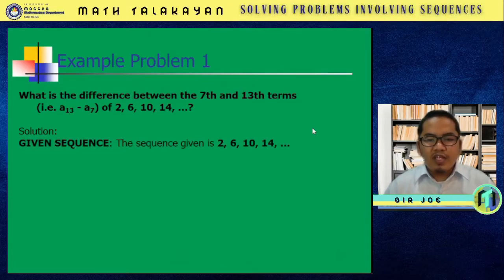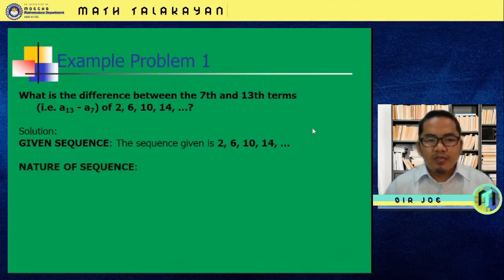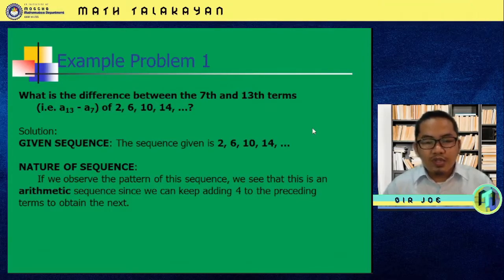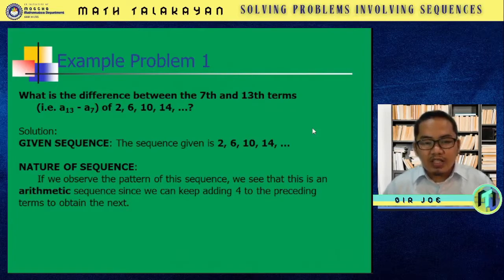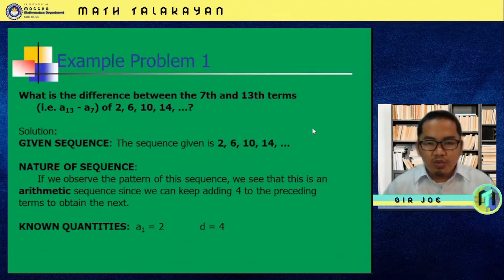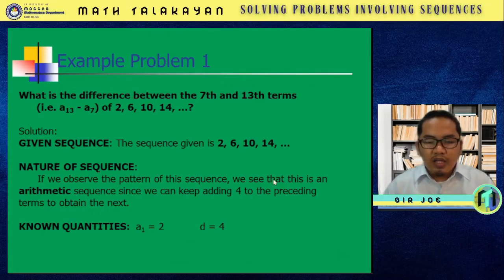The sequence given is 2, 6, 10, 14, and so on. If we observe the pattern of this sequence, we see that this is an arithmetic sequence, since we can keep adding 4 to the preceding terms to obtain the next. We have the known quantities, which are the first term, or the a sub 1, which is 2, and then the common difference, which is 4.